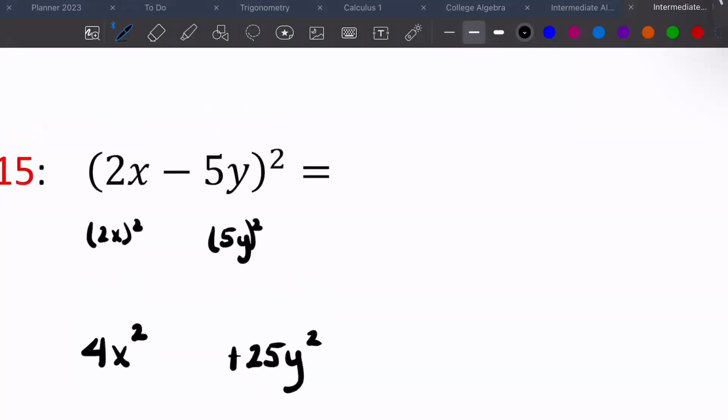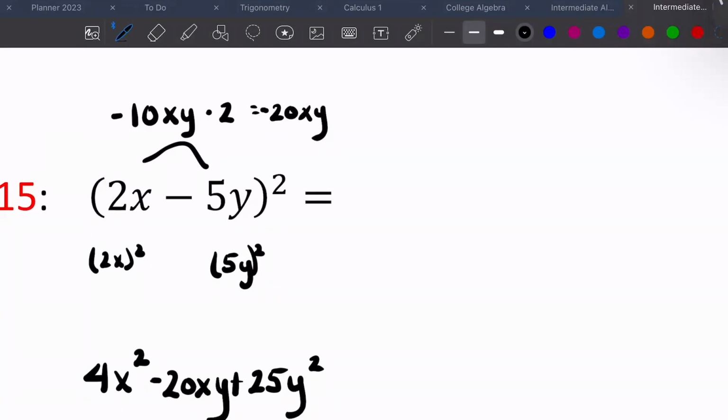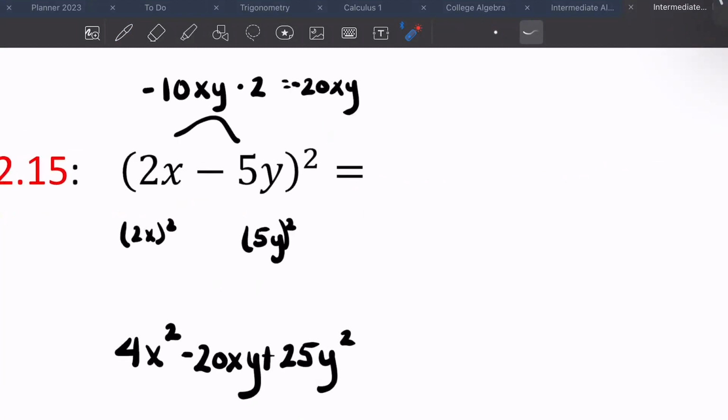In the middle, you need to multiply, so you get 10xy times 2 gives you 20xy, and it's negative, minus 20xy. Squaring this one, squaring this one, multiply times 2. Let me highlight the answer.